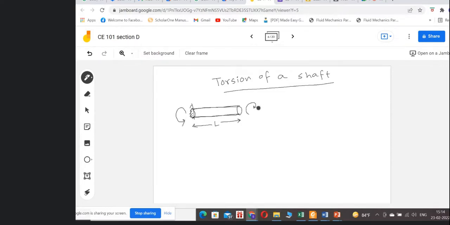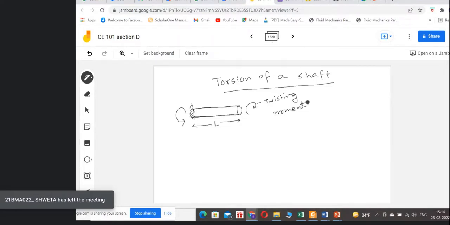So this twisting moment will try to rotate the shaft along this direction.